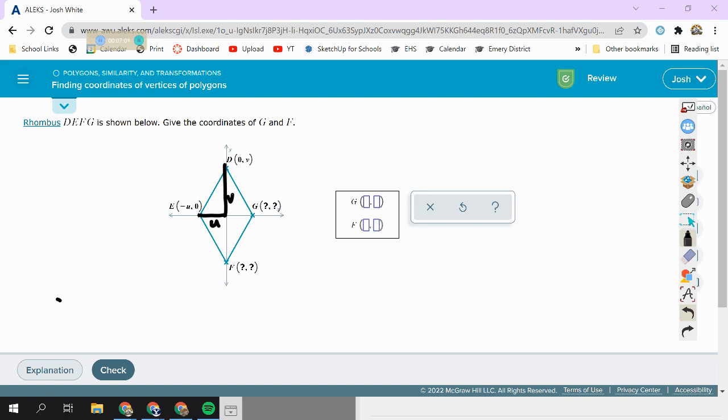So G would be positive U. How far up is G? 0. And F? 0, not V, negative V. Okay, let's do another version.